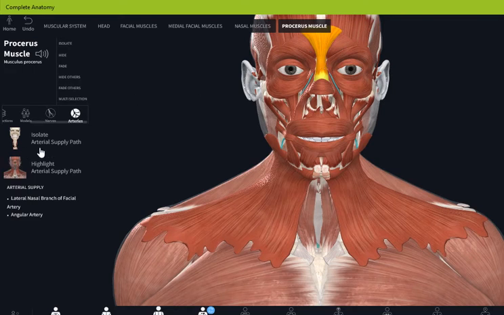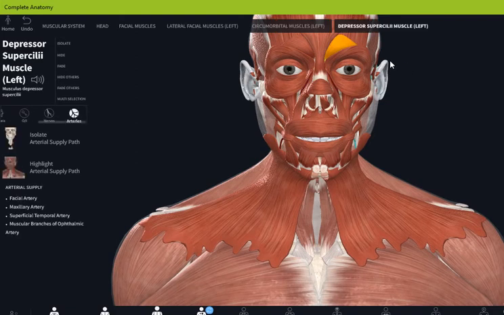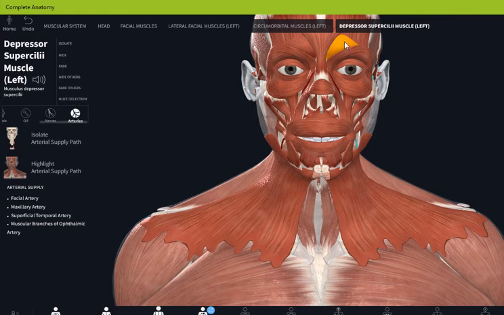Now the next one, let's go now to the corrugator supercilii, or the depressor supercilii. The corrugator supercilii is used to depress the eyebrow in the direction of the nose. So the first thing to note is the action, then the origin. We can see the origin at this point.